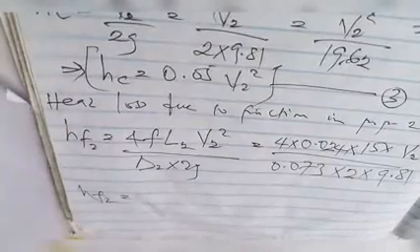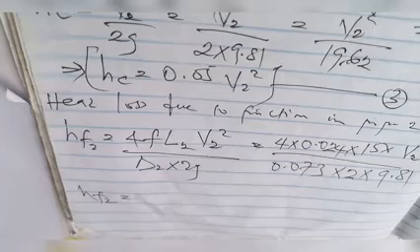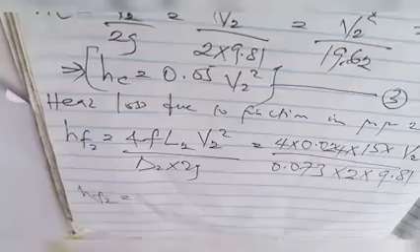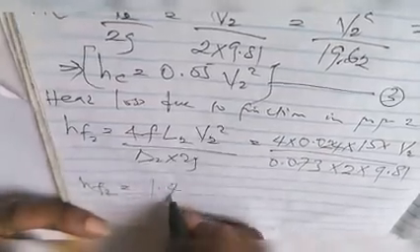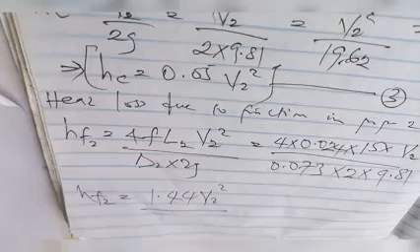So I'll compute the numerator all at once. We have 4, F is 0.024, so 4 times 0.024 multiplied by length, L2 is 15. That gives us 1.44 V2 squared, divided by the denominator.